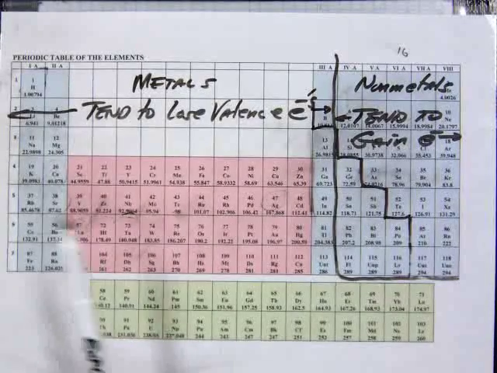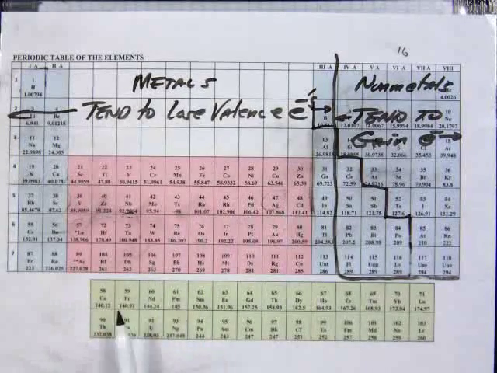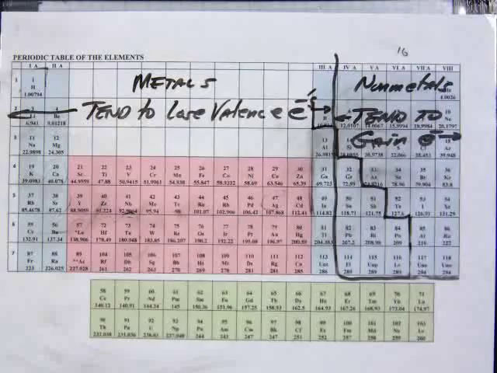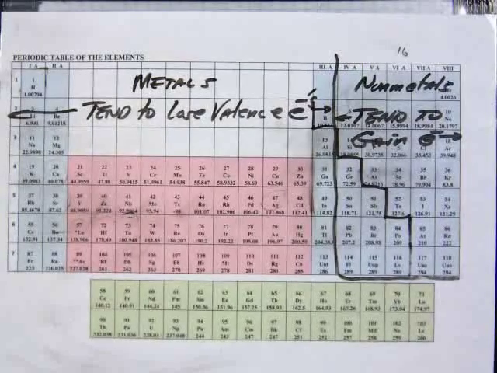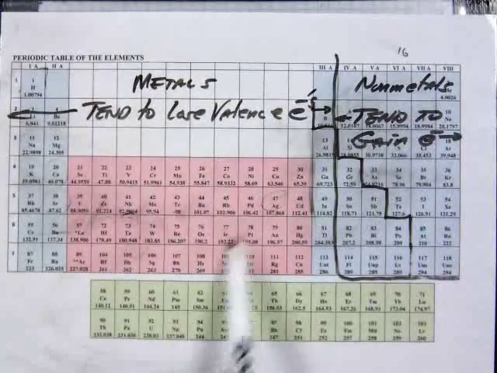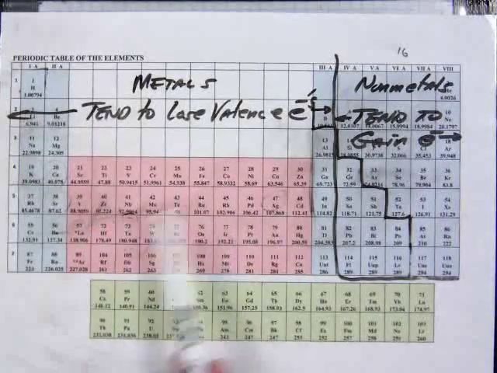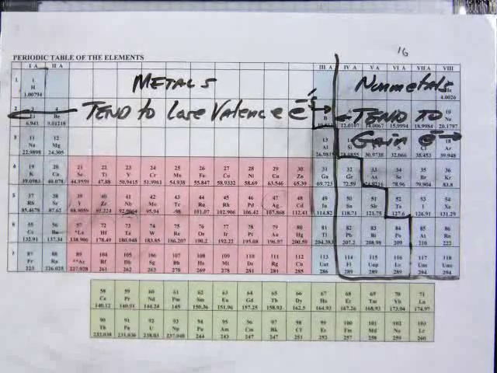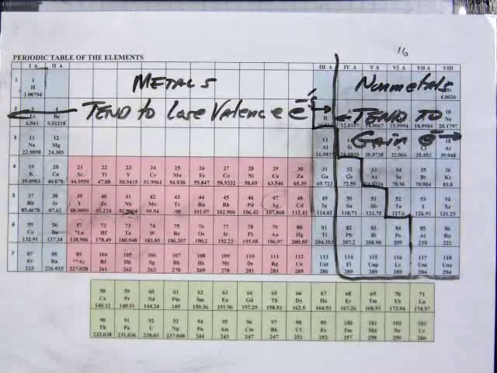Now, when we talk about the transition metals and inner transition metals, it's a term that needs to be understood, but we can't really explain it all right now. The number of outer shell electrons in the transitions and the inner transitions ranges from 1 electron out to 4 or 5 electrons.